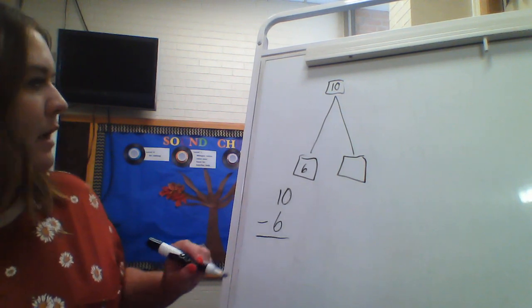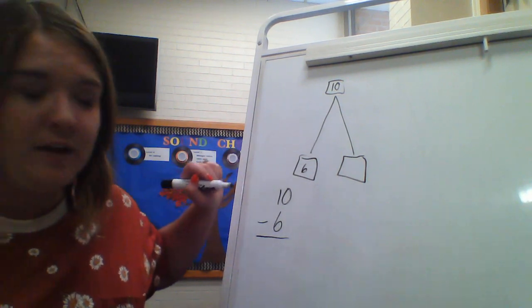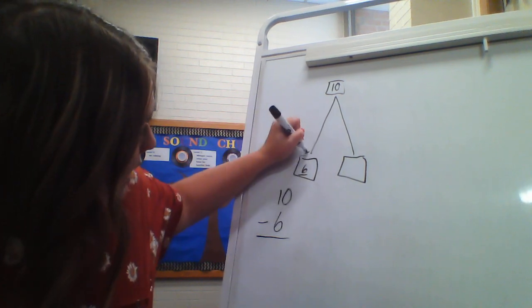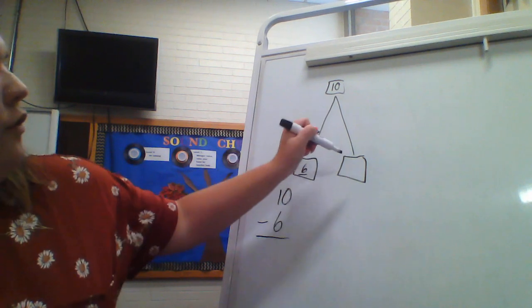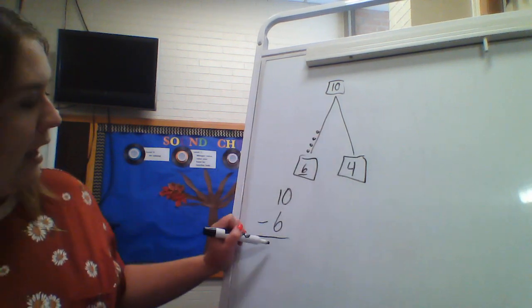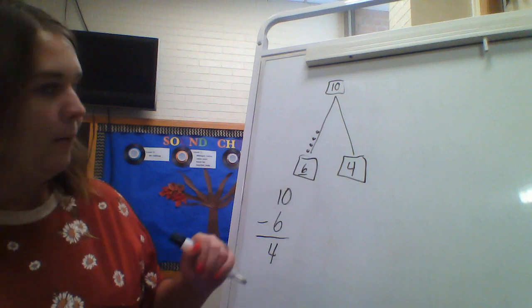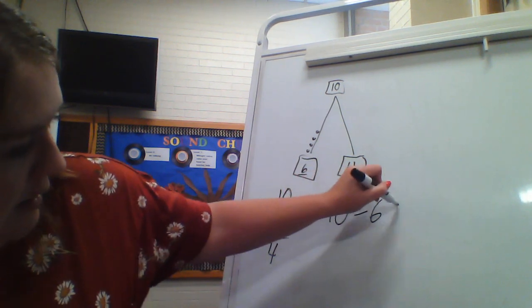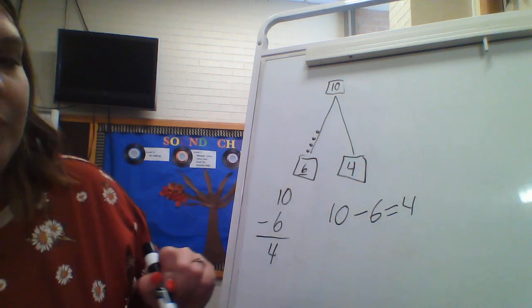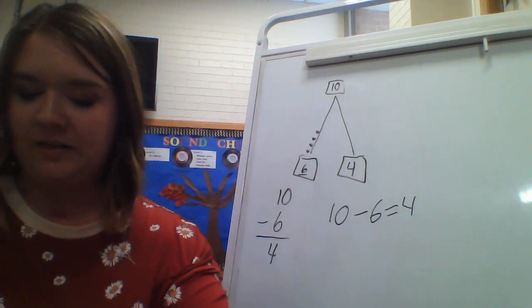What is that going to be? We could use our math mountain to solve it. 6, 7, 8, 9, 10. How many dots? 4. 10 minus 6 is 4. Okay, and they had it written this way across. 10 minus 6 equals 4. He had 4 bookmarks left.